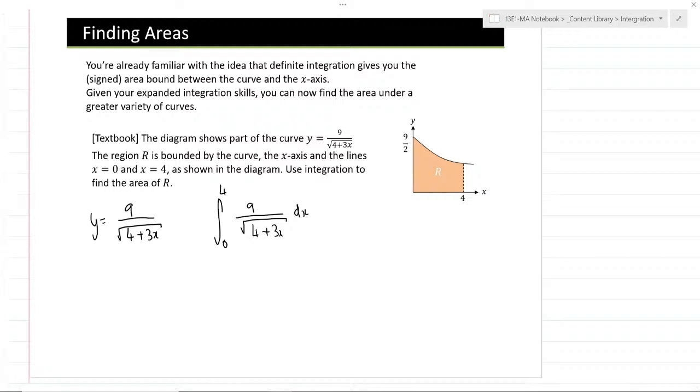And now it's just a case of which method do I use. There are a few different methods you can use here. You could use substitution, letting u be equal to 4 plus 3x, and then change it and make it an easier expression.